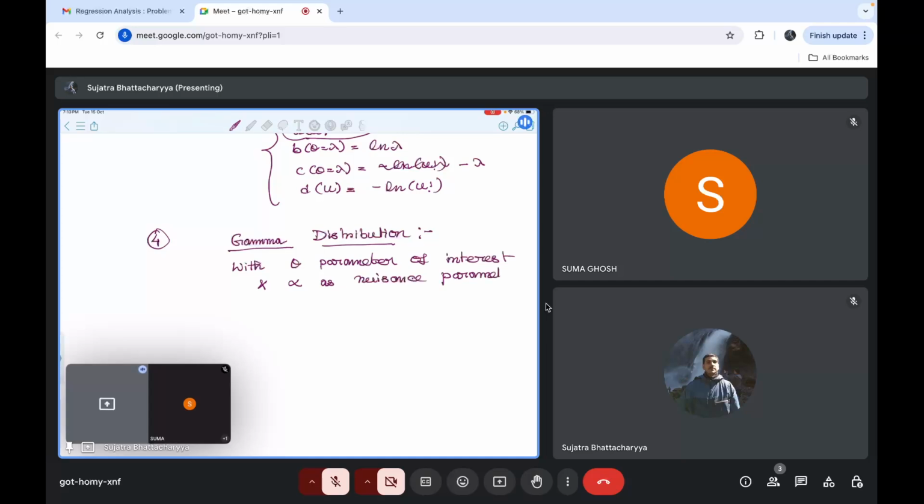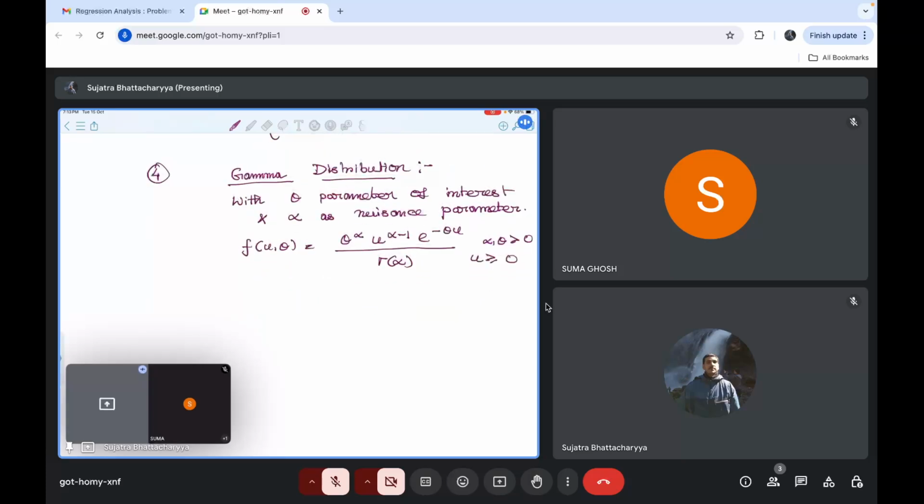That means it is not a parameter of interest for us. So this becomes f of u comma theta equals theta to the power alpha, u to the power alpha minus 1, e to the power minus theta u, divided by gamma of alpha. This is a generalized expression where alpha comma theta is greater than 0, and u is greater than or equal to 0.